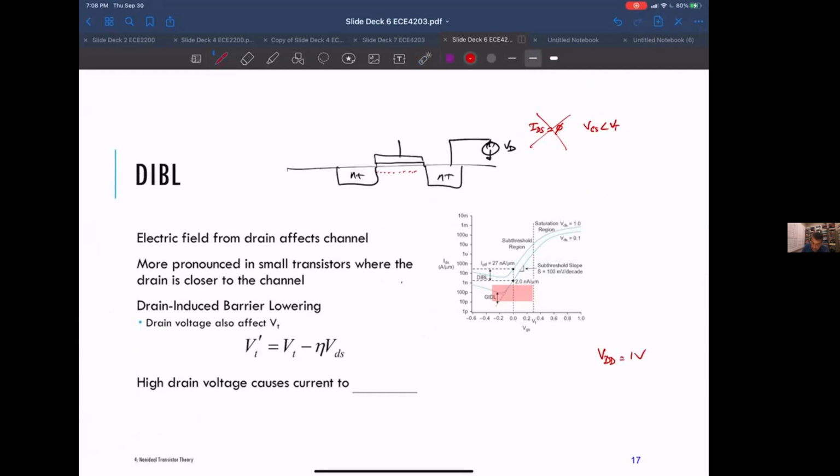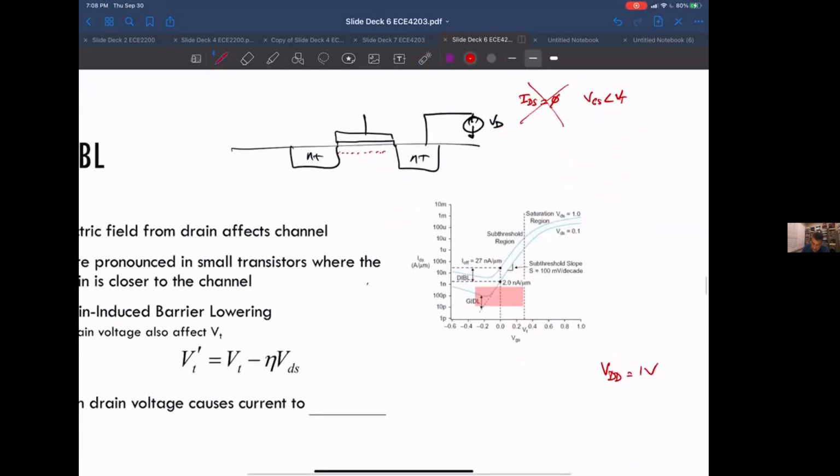A digital transistor is typically either operating here, when the gate source voltage is a binary 1 or 1 volt, or it's at 0. It doesn't spend a whole lot of time in between. As it's on, it discharges the capacitor, turns off, and comes down here. So the important point about these curves is the asymptotic value when they hit VGS of 0.